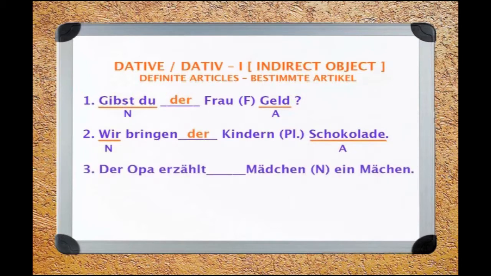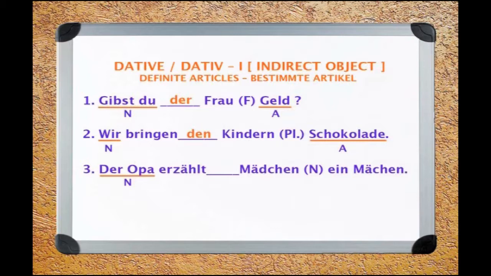Now, let us look at sentence number 3. Der Opa erzählt Mädchen ein Märchen. Here we have the nominative der Opa, which means the grandfather. We have the verb erzählt, which means to narrate. Now we have to see who narrates. For that we have the answer nominative der Opa.